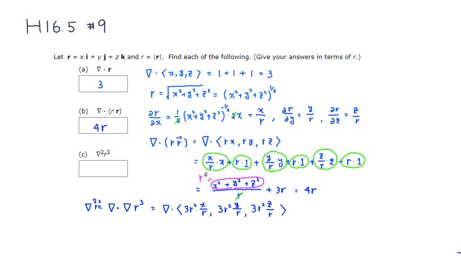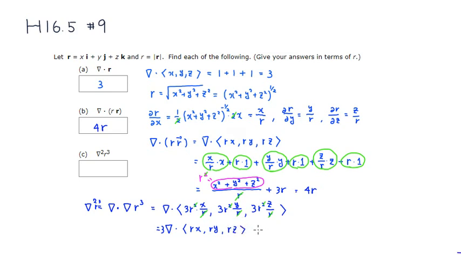Then you can see that we can cancel the r on top with the r on the bottom in each component. So what you get is really the divergence of, and I'm going to pull the 3 outside, the vector rx, comma, ry, comma, rz.